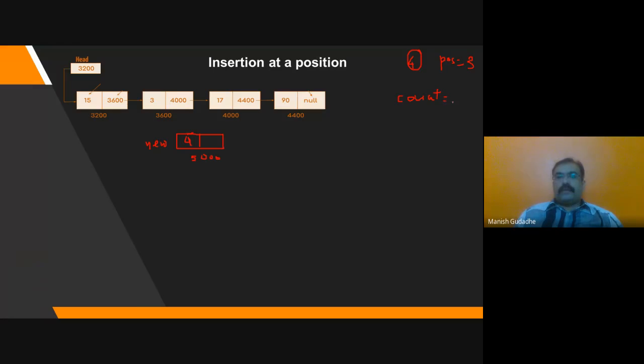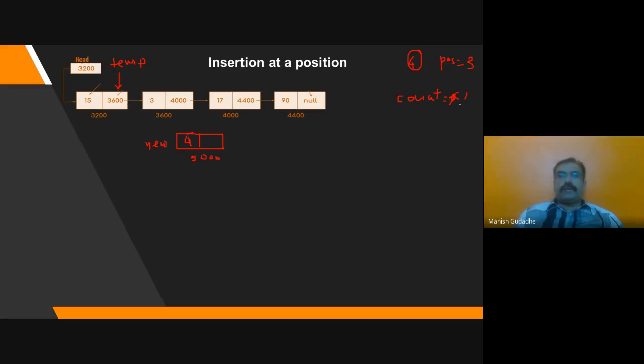So count will be initially 0, pointing nowhere. Now I will take a variable temp. Again, temp will hold the address of head. And if head is not equal to null, I am going to increment count to 1.